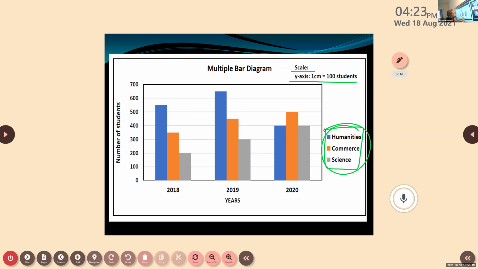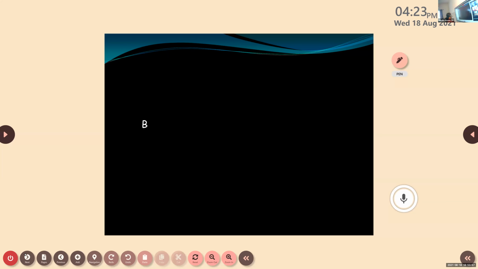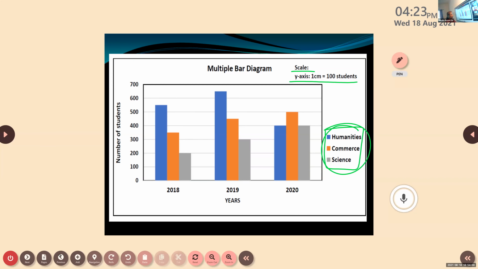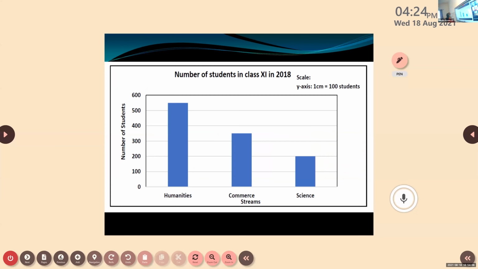Okay, fine. So the next we are going to another topic, that is component diagram. Component diagram in the sense, in this bar itself we are making some components. Here total is given 550, right?